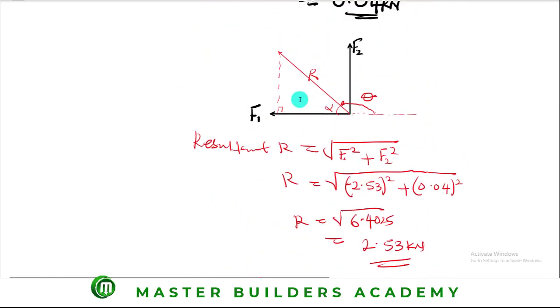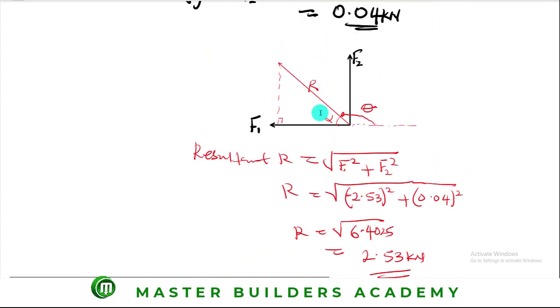But take for instance, we want to find this value in quadrantal bearing. What are we going to do? We just need to acknowledge the quadrant in which we have our resultant, and this quadrant is the second quadrant, quadrant 2, right? And in this second quadrant, the angle must be between the resultant and the y-axis. But the angle we obtained is between the resultant and the x-axis. So that means the angle we have with respect to the x-axis, we will remove it from 90. Remember that the sum of angles in a quadrant is 90.